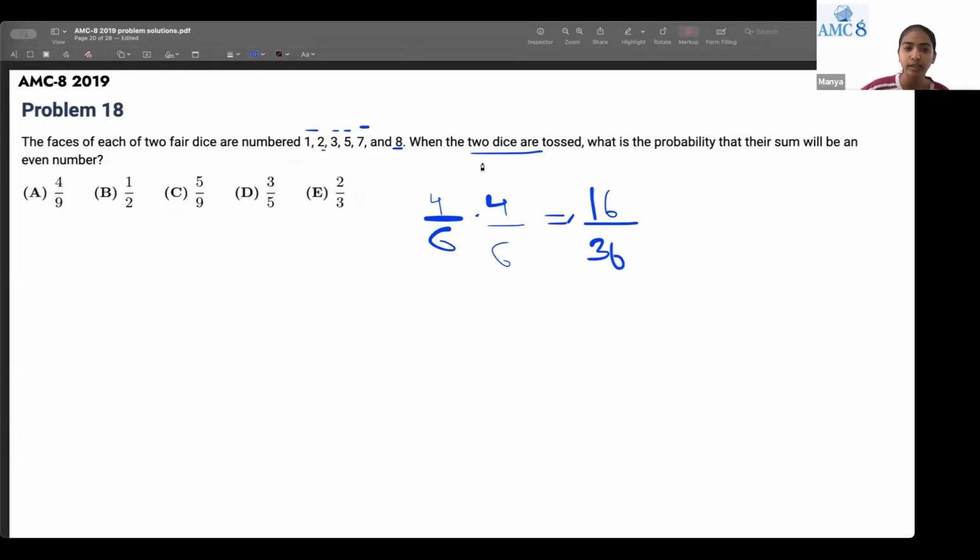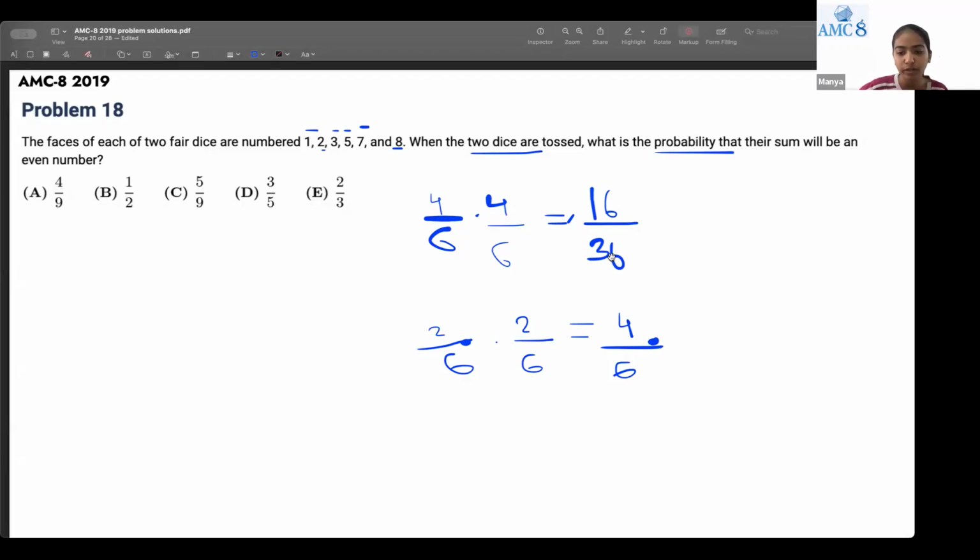And then we have to do the even numbers again. So it's going to be equal to 2 over 6 times 2 over 6. And then just multiply the numerators and then multiply the denominators, and we'll be getting 4 over 36. And so we can just add these both up, since they're asking what is the probability that their sum will be an even number.